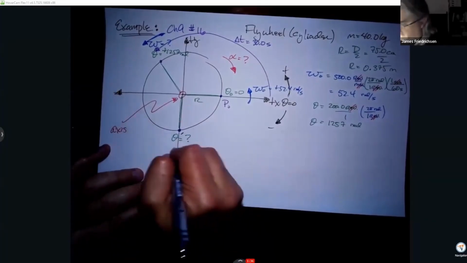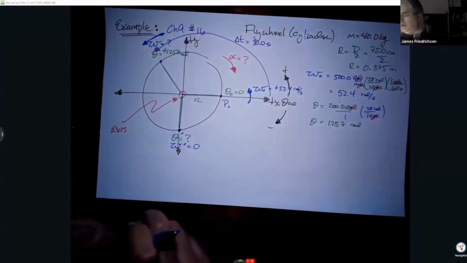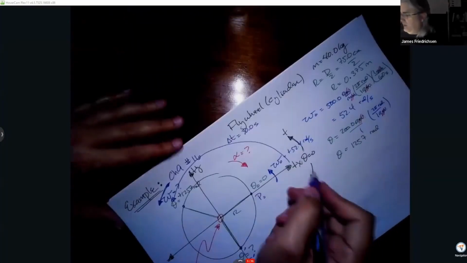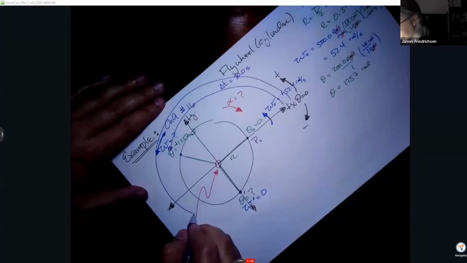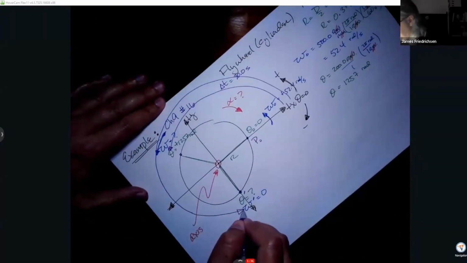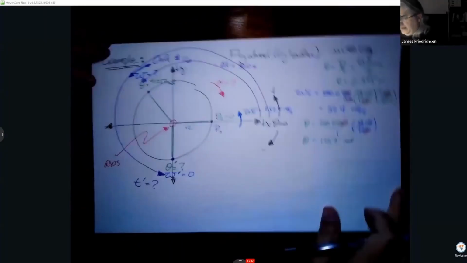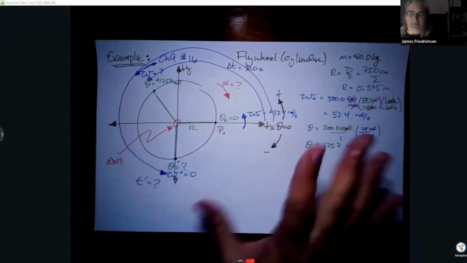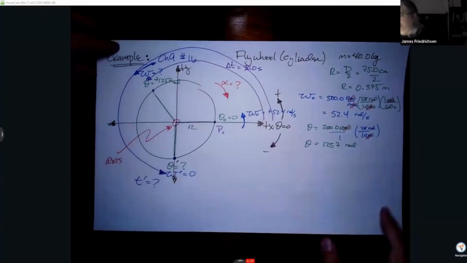But what we do know is that our angular speed or the angular velocity is going to be 0. Okay. And they wanted to know how long did it take to come to a complete stop. And it'll be the same alpha throughout the whole motion. So I could redo the alpha if we wanted to, but we'll see. We got to find the alpha first.